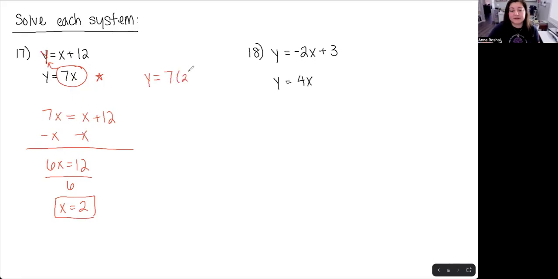So when we solve a system of equations, if you've already covered it, you know that you need to have an x and a y for a solution. If you haven't covered it yet, well, now you know. So y in here is going to be 14. And most teachers don't appreciate having x equals this, y equals that as a solution. I speak from experience. (2, 14) is the most algebraically appropriate solution.